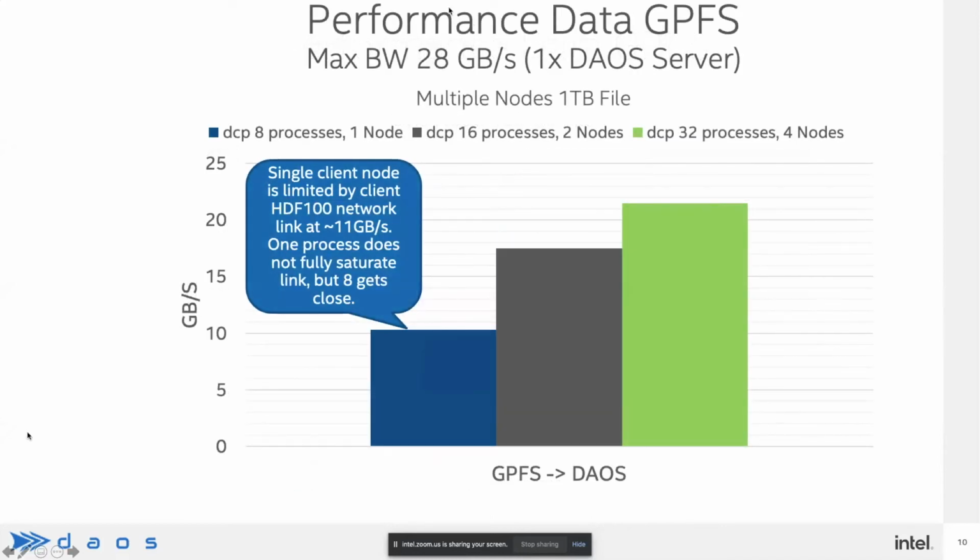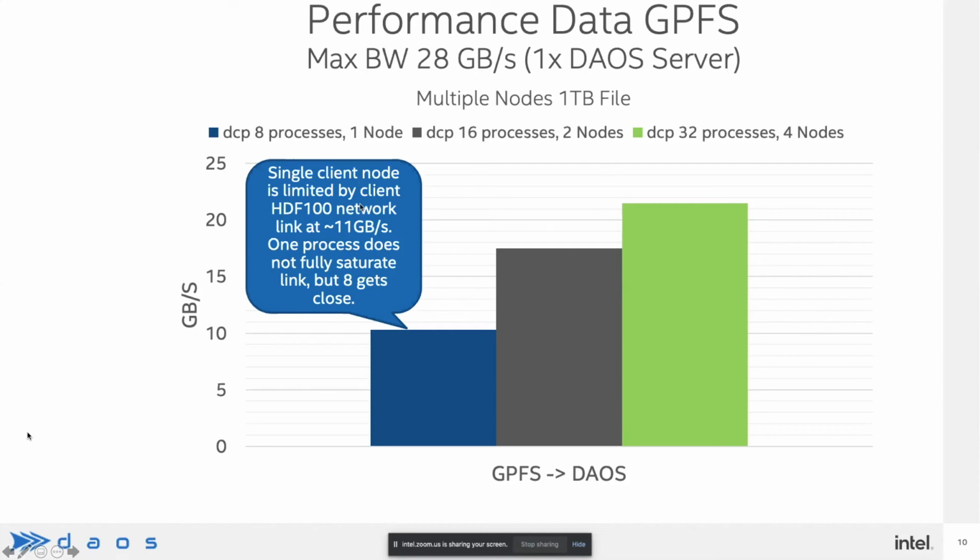And this is some more performance data. It's using a 1 terabyte file this time, measuring the data in gigabytes per second. The max bandwidth for this configuration in one DAOS server was about 28 gigabytes per second. Some of these are multi-node runs.